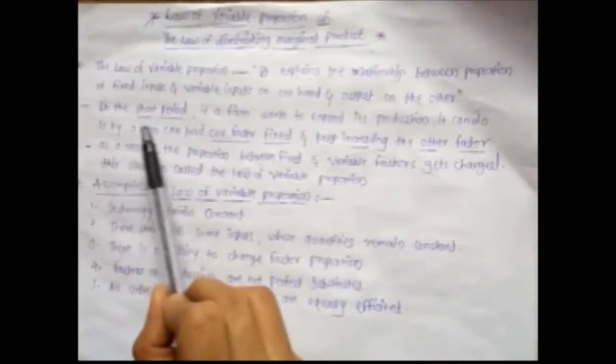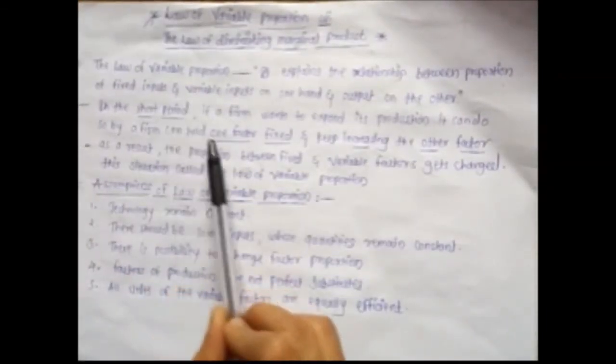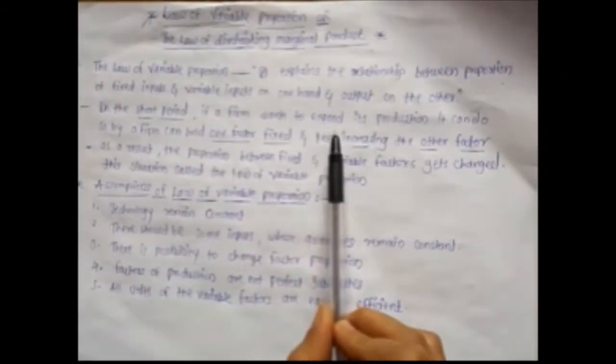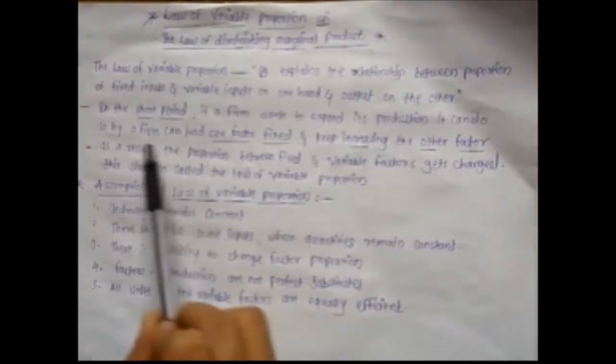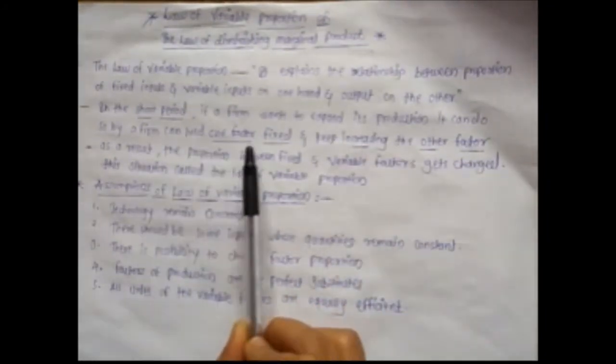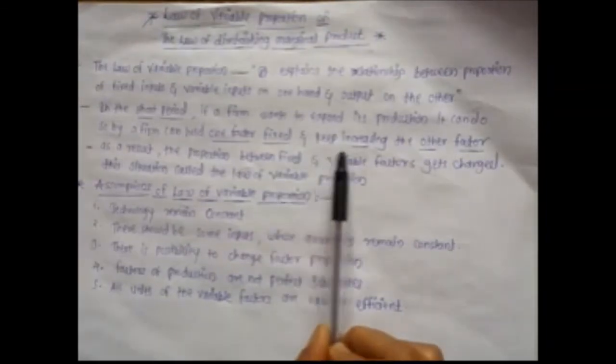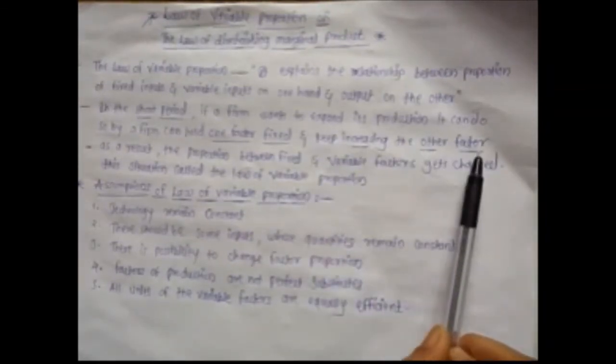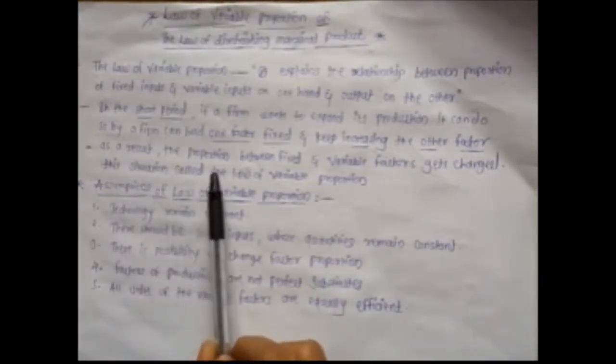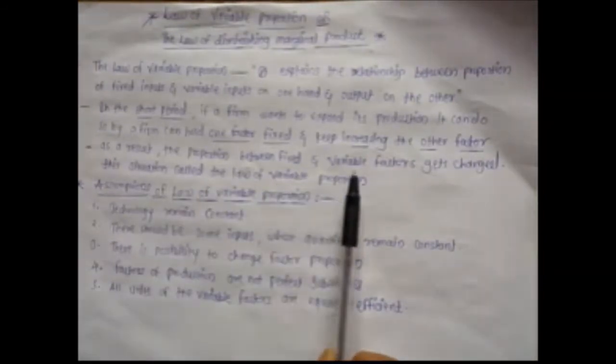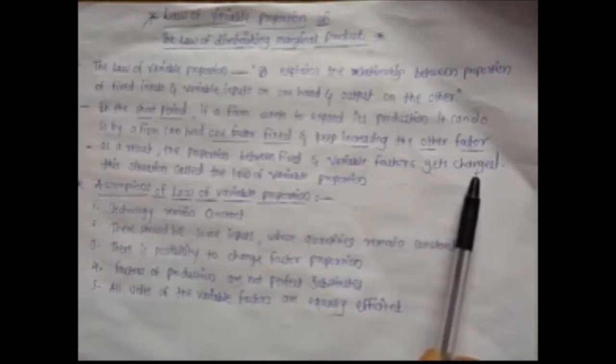Means in the short period, if a firm wants to expand its production, a firm can hold one factor fixed and keep increasing the other factor. Then, as a result, the proportion between fixed and variable factors gets changed.